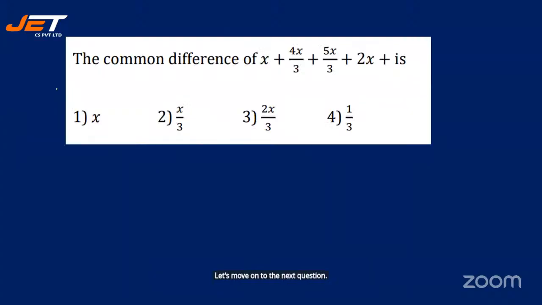The common difference of x plus 4x by 3 plus 5x by 3 plus 2x is dash. Right? So what is the common difference?